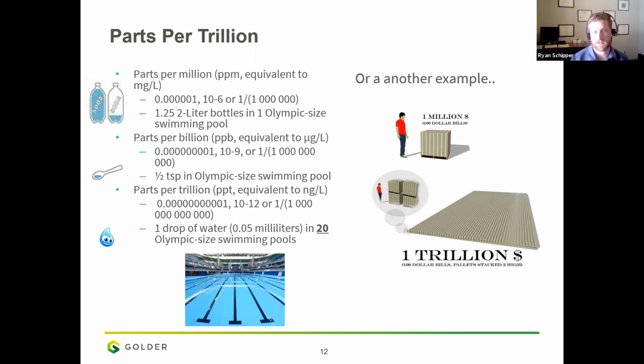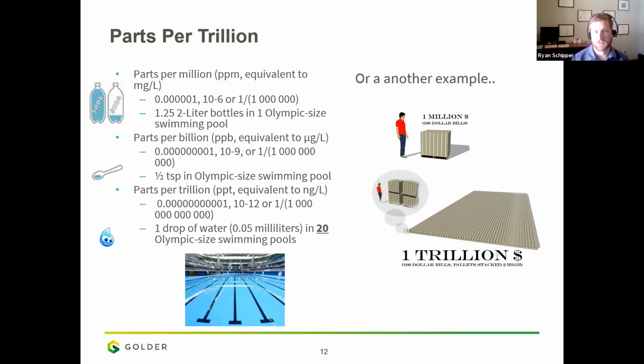When you drop down to parts per billion, we're talking about half a teaspoon within an Olympic sized swimming pool. And when we get to parts per trillion, which many of these PFAS are regulated to, that is essentially equivalent to 1 drop of water in 20 Olympic sized swimming pools.